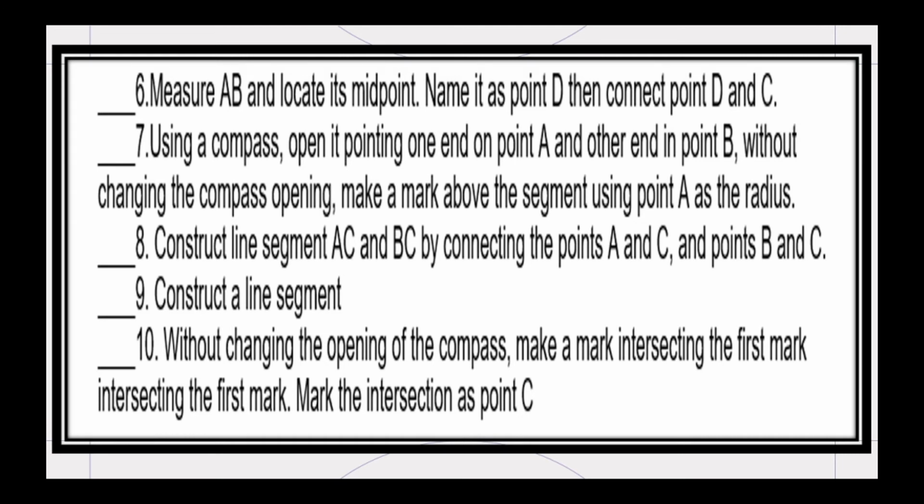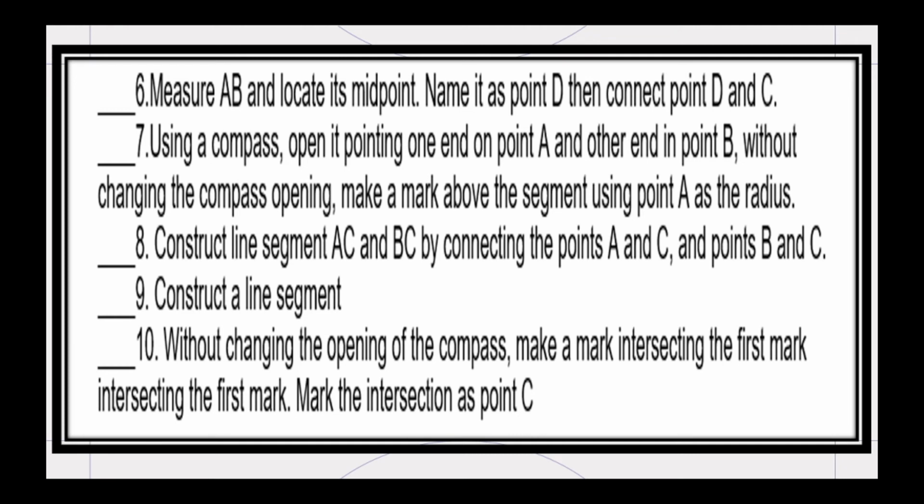Next, number 7. Using a compass, open it pointing one end on point A and the other end on point B. Without changing the compass opening, make a mark above the segment using point A as the radius. Number 8.